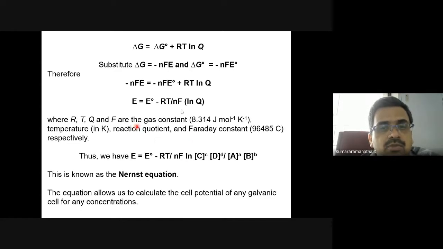Now you know the value of R, the temperature, the number of electrons transferred, and the Faraday constant. So this expression turns out to be very simple, and you know the concentration of products versus reactants.